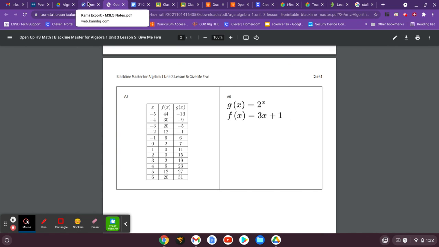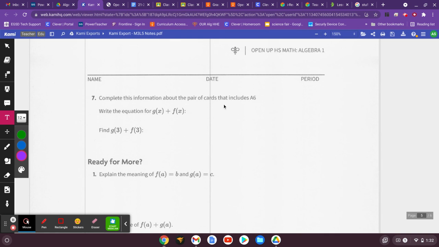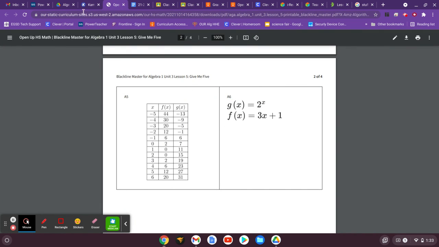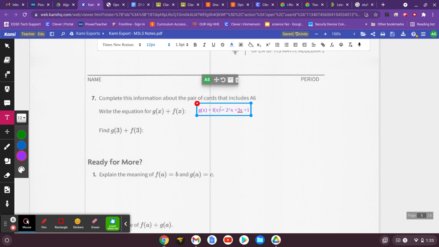So what I'm going to do is literally put them together and put g of x plus f of x equals, g of x was 2 to the x plus 3x plus 1. Yep. So that is literally putting them together, right? 2 to the x and then plus f of x, which is 3x plus 1. 2 to the x, I can't combine that. That's not a number. That's not an x. So we leave it at that.